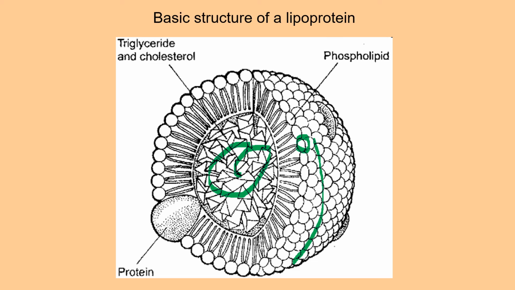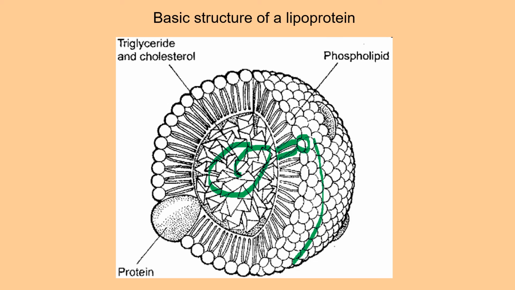Water molecules are not shown here, but lipoproteins travel in blood, and blood plasma is mostly water. So this lipoprotein is surrounded by water molecules. And then this phospholipid has two fatty acid tails, and these are lipophilic or hydrophobic. They're lipid-loving, water-fearing, and they are happily interacting with the lipids that make up the core of this lipoprotein.